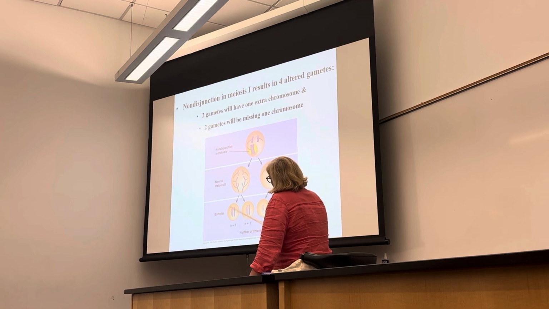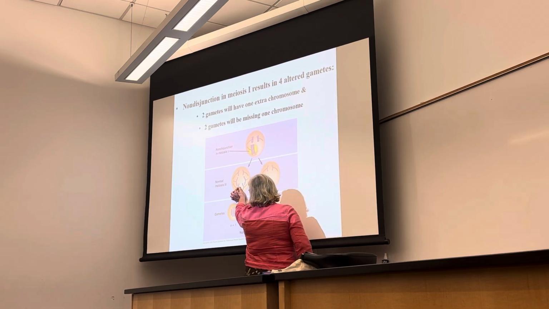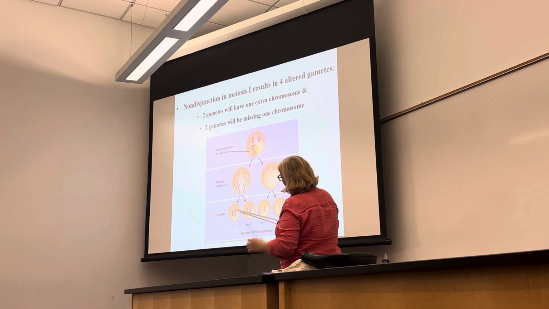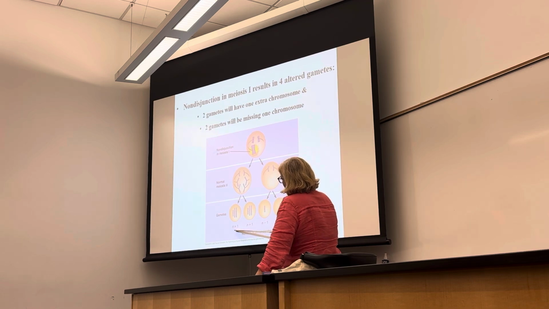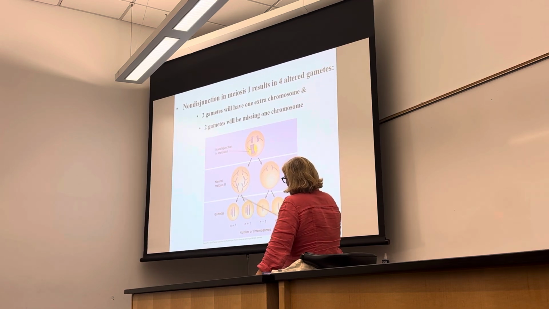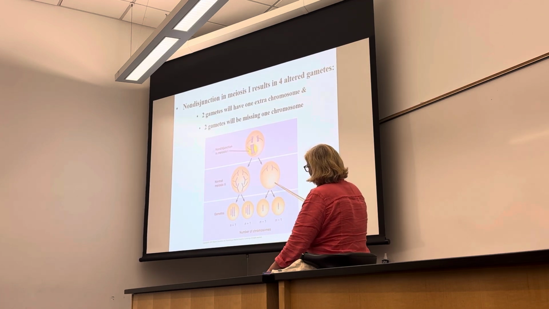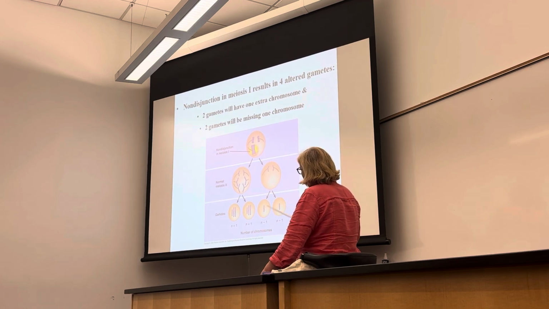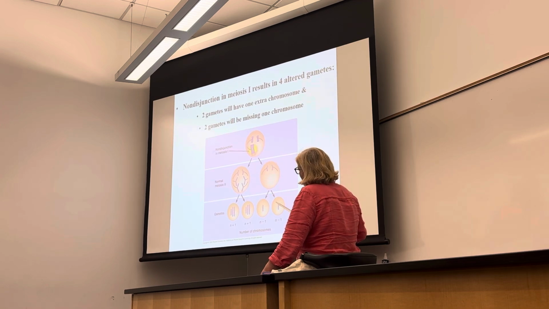Then if the meiosis 2 separation was normal, and there's no non-disjunction in the second division, you will have n+1, so there's 1 extra chromosome in the final gamete. Now this other cell obviously will be lacking the chromosome because none of the second chromosome went into it, and that cell will self-abort because we don't have all the sets of the genes. That's not going to work.